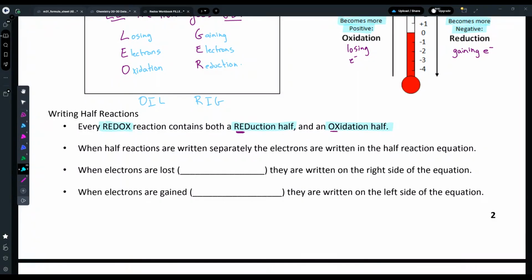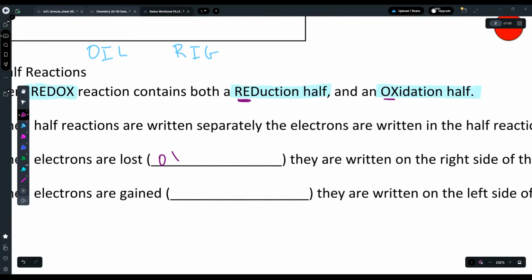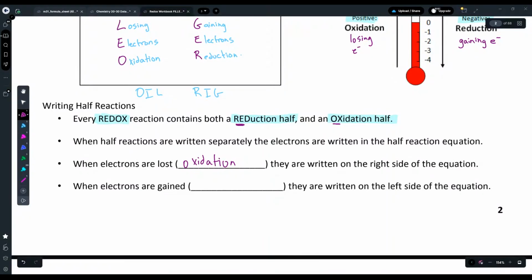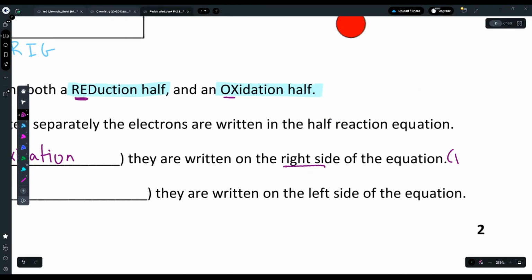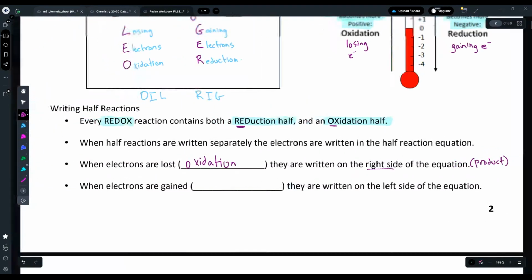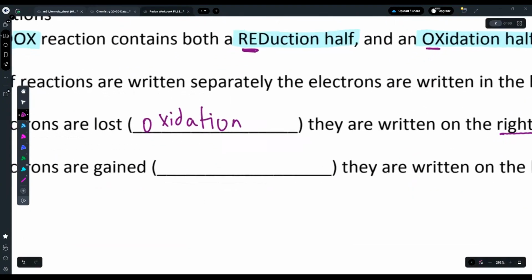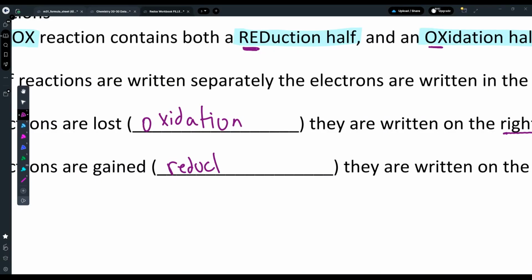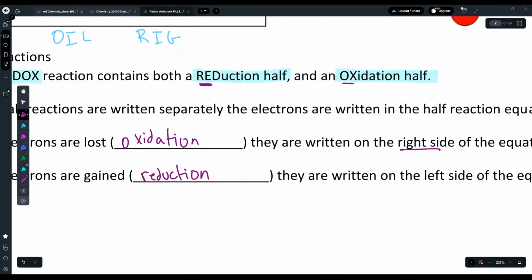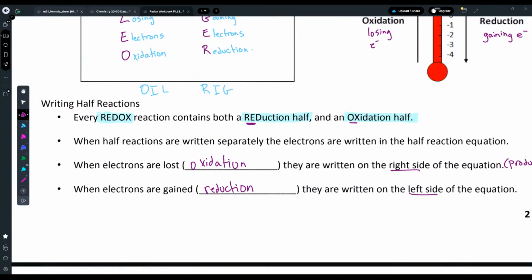When half reactions are written separately, the electrons are written in the half reaction equation. Now, when electrons are lost, which happens in oxidation, they are written on the right side of the equation, so they're written as a product. And when electrons are gained, which happens in reduction, they are written on the left side of the equation, so they are a reactant.